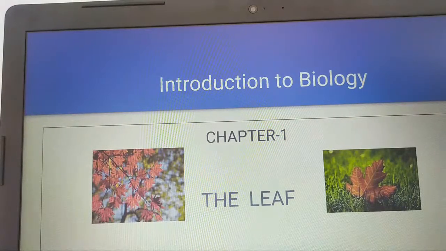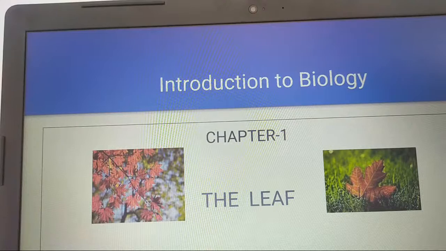So, students, you must have also observed that there are certain plants which bear flowers. You must have seen different colors of flowers. So, definitely those plants where you find the flowers are said to be flowering plants. And there are some which do not bear flowers.